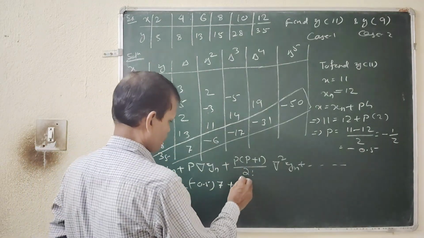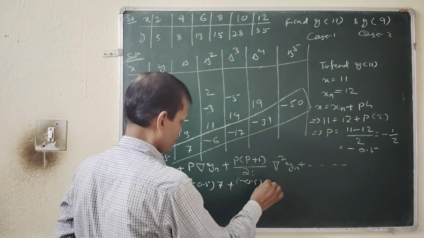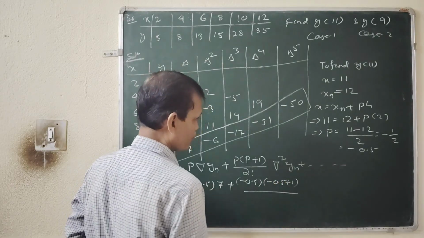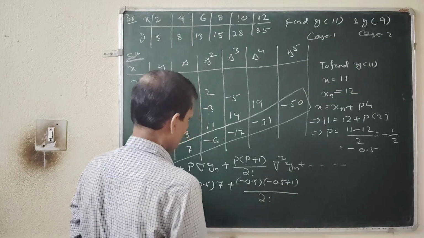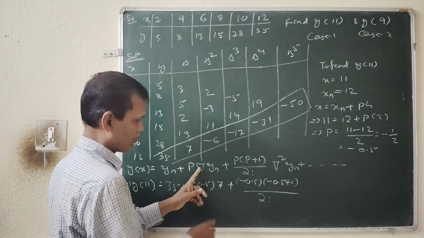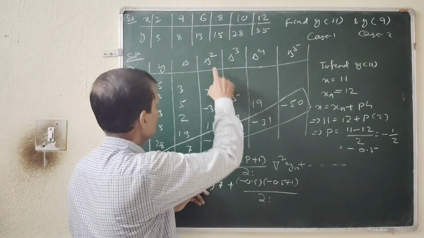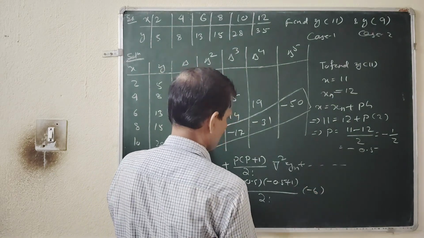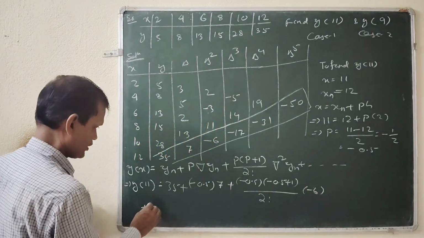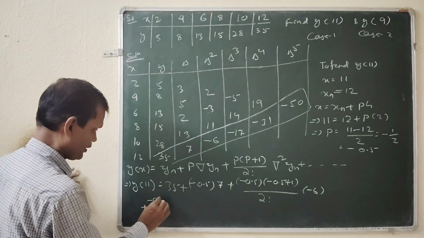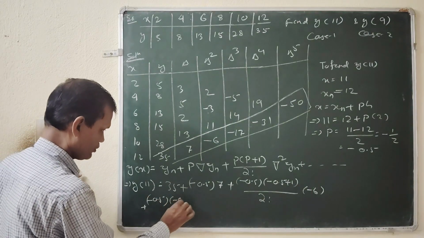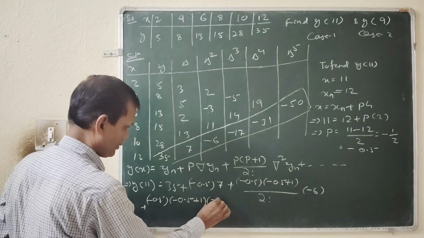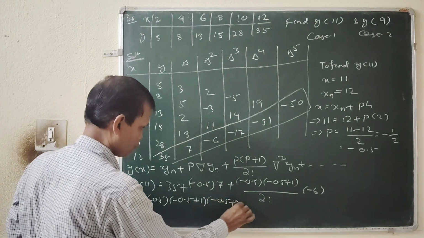Then p into p plus 1, minus 0.5 into minus 0.5 plus 1 by 2 factorial, then backward delta square, that is minus 6. Then plus, next term minus 0.5 into minus 0.5 plus 1 into minus 0.5 plus 2.